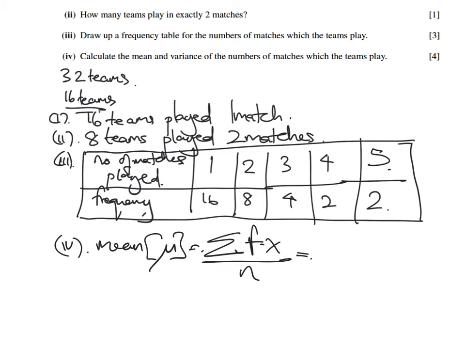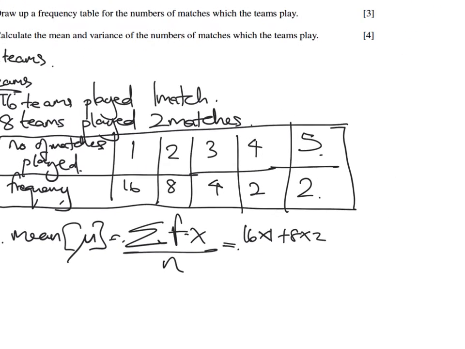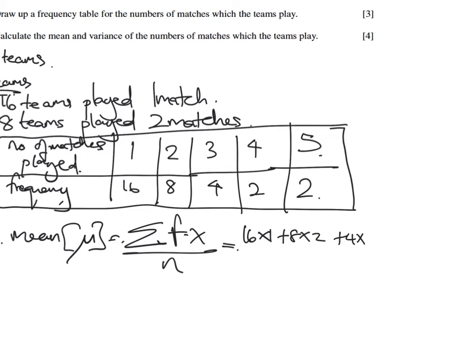So in this case we have summation of frequency f times x, so 16 times 1 plus 8 times 2 plus 4 times 3 plus 2 times 4 plus 2 times 5, and then divide this by 16 plus 8 plus 4 plus 2 plus 2, which is 8 plus 8, 16, 16 plus 16, which is 32.